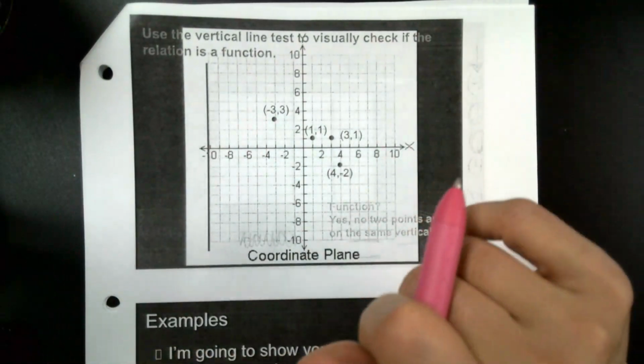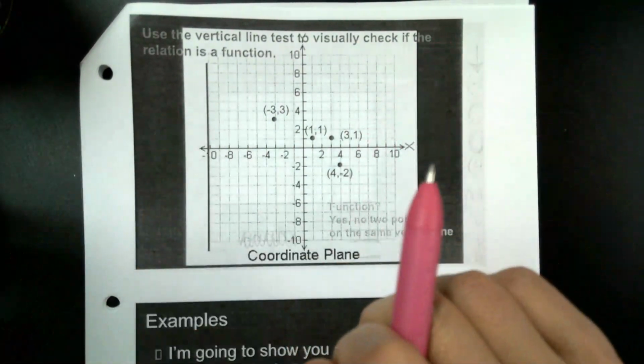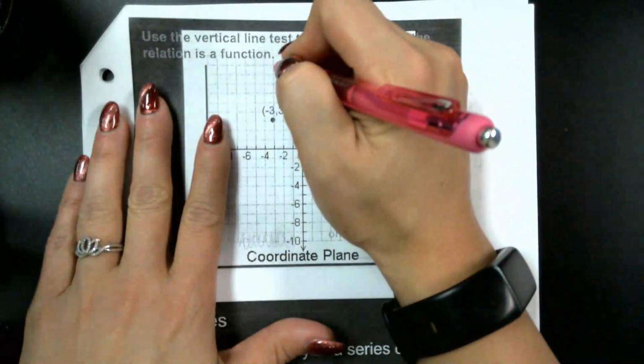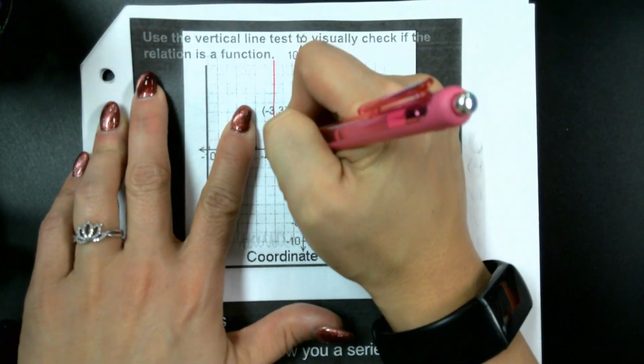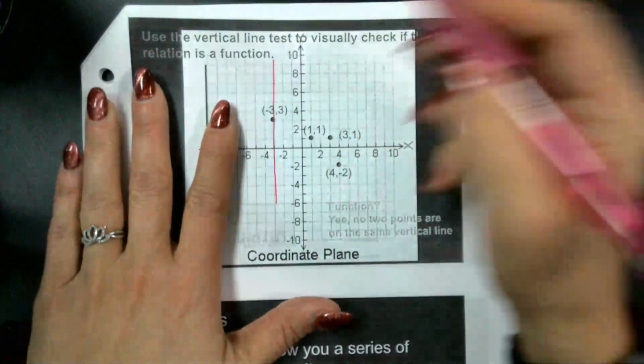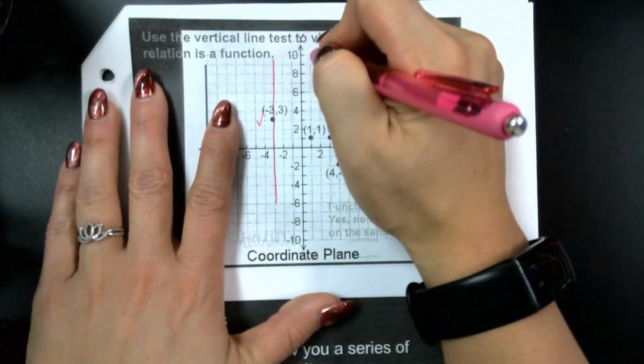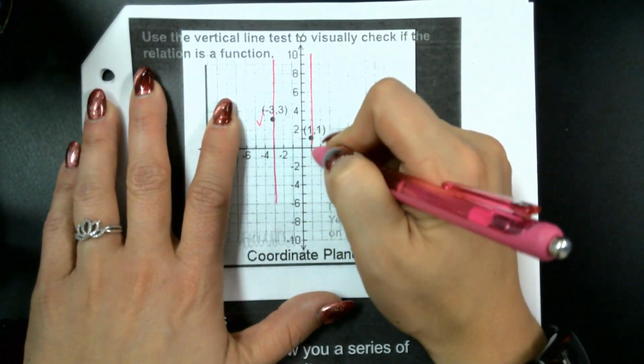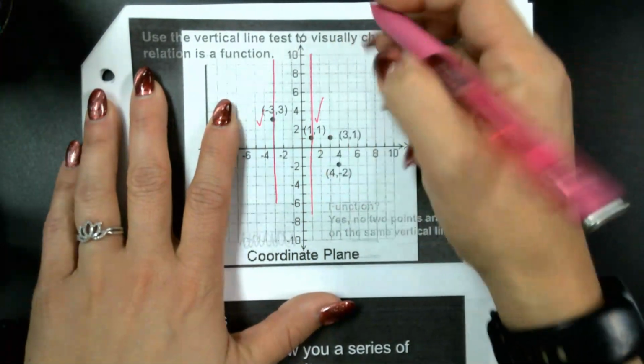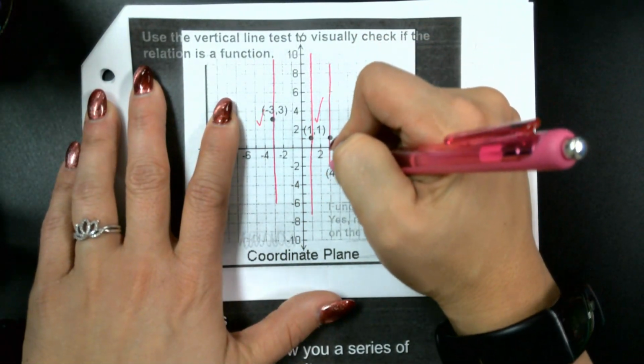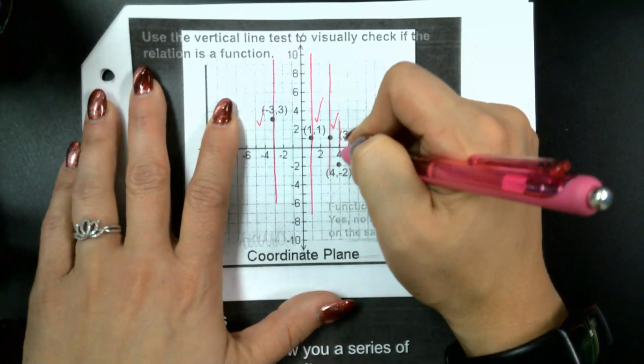I want you guys to draw the vertical lines through the points that you see. So right here, how many points does that go through? 1, so that one's okay. How about here? That one's okay. That one's good.